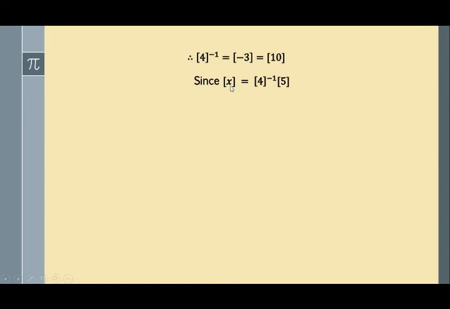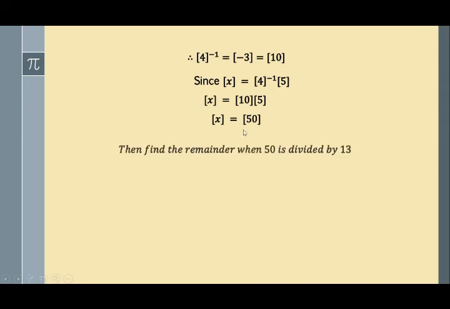Since the congruent class of x was given by the inverse of the congruent class of 4 times the congruent class of 5, and we now know the exact value of the inverse of 4, we can just substitute that. So the congruent class of x is equal to the congruent class of 10 times the congruent class of 5. Then our congruent class of x is equal to the congruent class of 50.